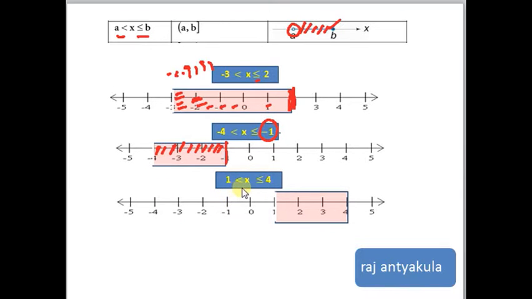Now coming to here, 1 less than x less than or equal to 4. 1 can't be there in this. But 4 will be there because the equal to symbol is given. 4 is included. From 1 to 4, it can take any value including 4. That is what this inequality means.